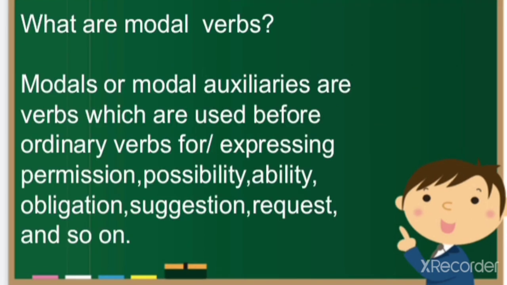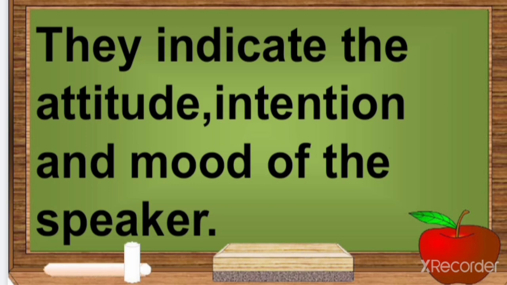Modals or modal auxiliaries are verbs which are used before ordinary verbs for expressing permission, possibility, ability, obligation, suggestion, request, and so on. They also indicate the attitude, intention, and mood of the speaker.